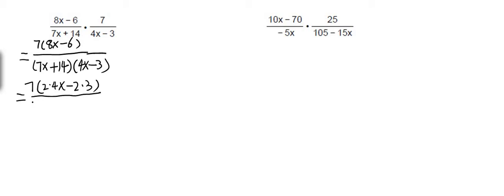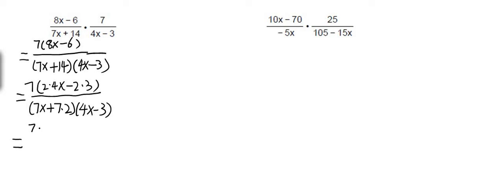And for the denominator, it's very clearly 7 times x. Here 14 is 7 times 2. Okay, for this term we can't factor anything, so we just copy it. 4x minus 3.